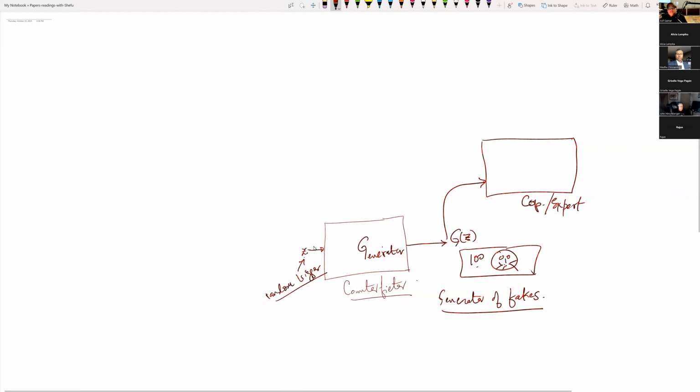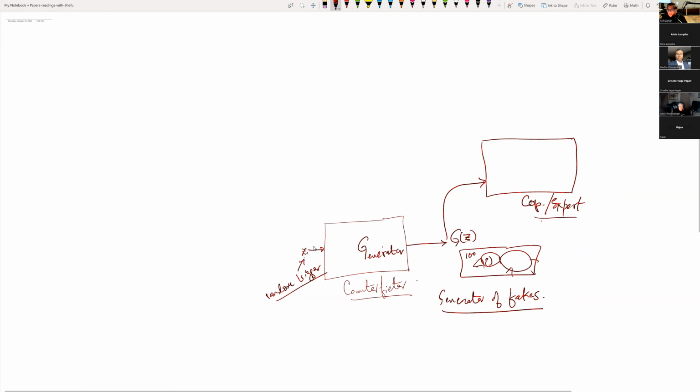It turns out that the crook has no idea whatsoever what the US dollar bill looks like. Let's say that the person has never seen a US dollar bill. And so in the beginning, what the counterfeiter might do is draw, I don't know, a bird and say, here is my $100 bill.